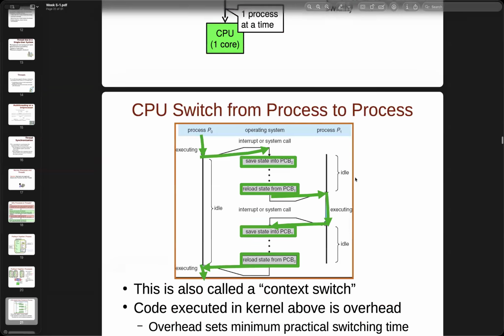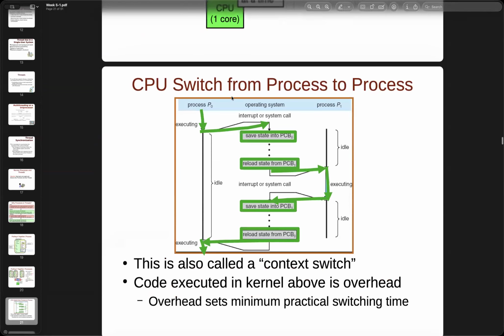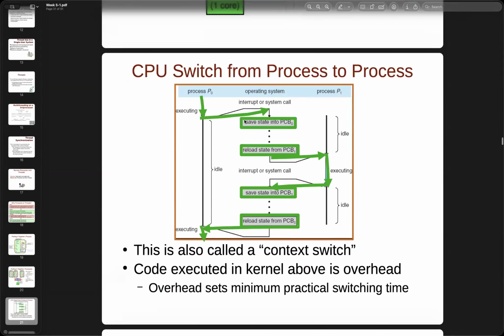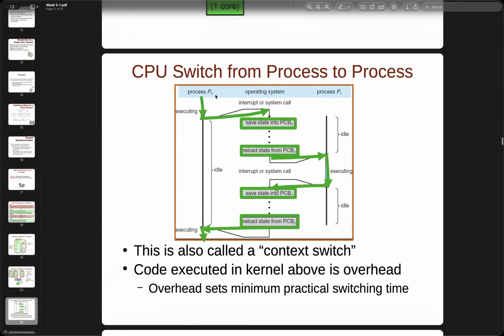Now, when we go into more detail, let's look at the CPU switching from process to process. Let's say we have process P0 and also P1, under the management of the operating system.